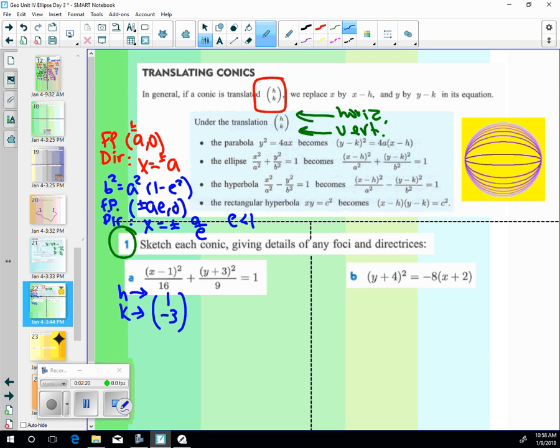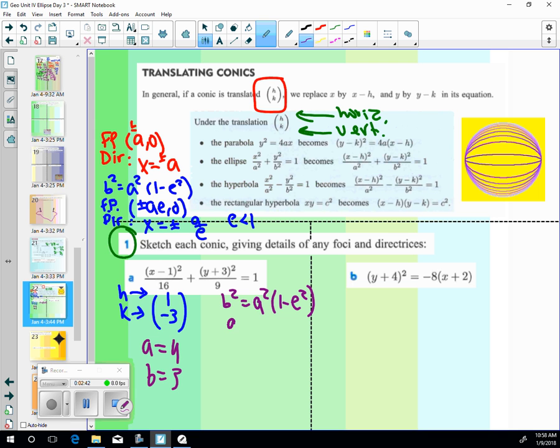All right. So then you just kind of work through this. Since it's an ellipse, a is equal to 4 and b is equal to 3. Notice that this a is bigger, so everything's on the x-axis. We need to find e, so b squared equals a squared times (1 minus e squared).